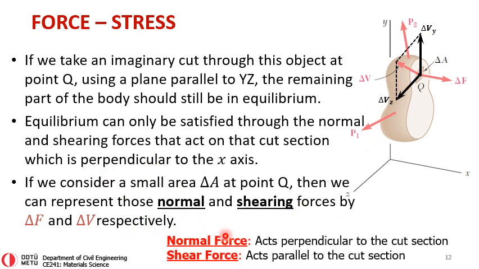So the normal force acts perpendicular to that cut section, which is parallel to the x-axis, and the shear forces delta Vy and delta Vz act parallel to the cut section, or perpendicular to the x-axis.